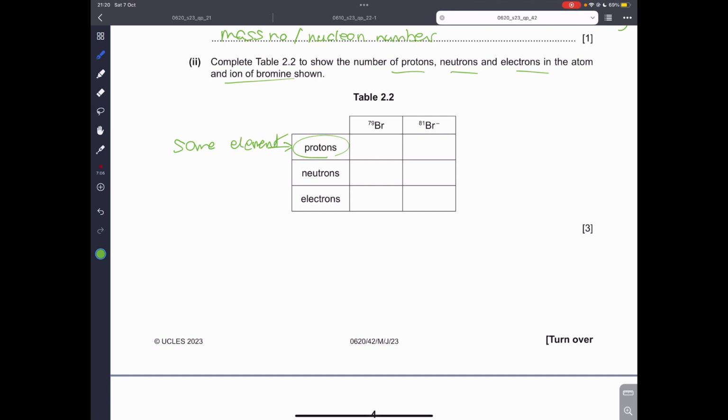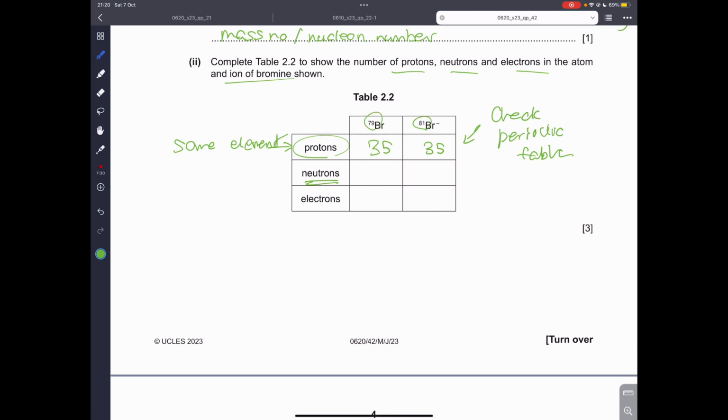The same element, so Br has a proton number of 35. And how do I know this? Well, you can check your periodic table that is given at the end of the exam. So the number of neutrons in this case will be different because the mass numbers are different.